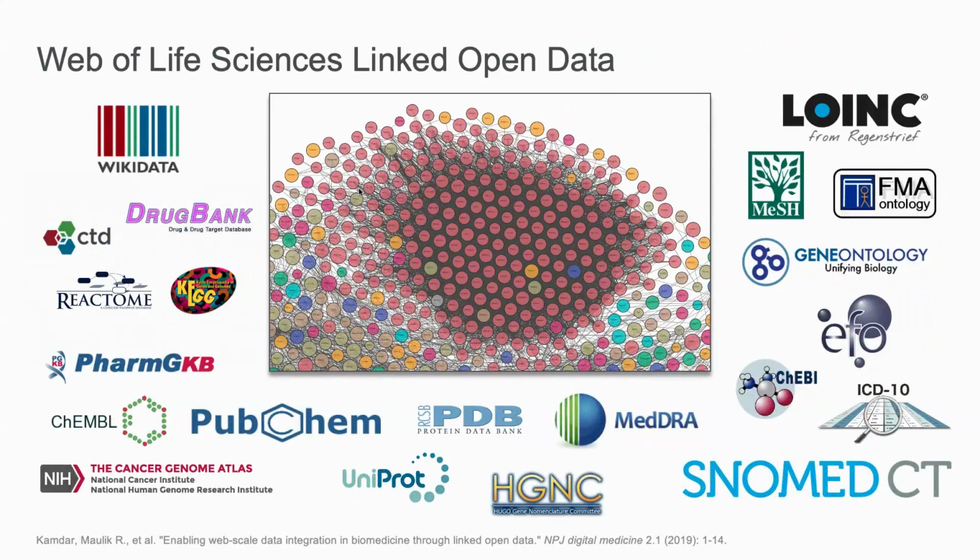These sources include sources around drug information like DrugBank, pathway information like Reactome or the Kyoto Encyclopedia of Genes and Genomes, chemical information like ChEMBL or PubChem, protein information like Protein Data Bank or UniProt, and similarly a lot of different medical terminologies which are also used in electronic health record systems and other applications. So there is a lot of knowledge and data represented using semantic web and linked data standards that is available on the linked open data web.